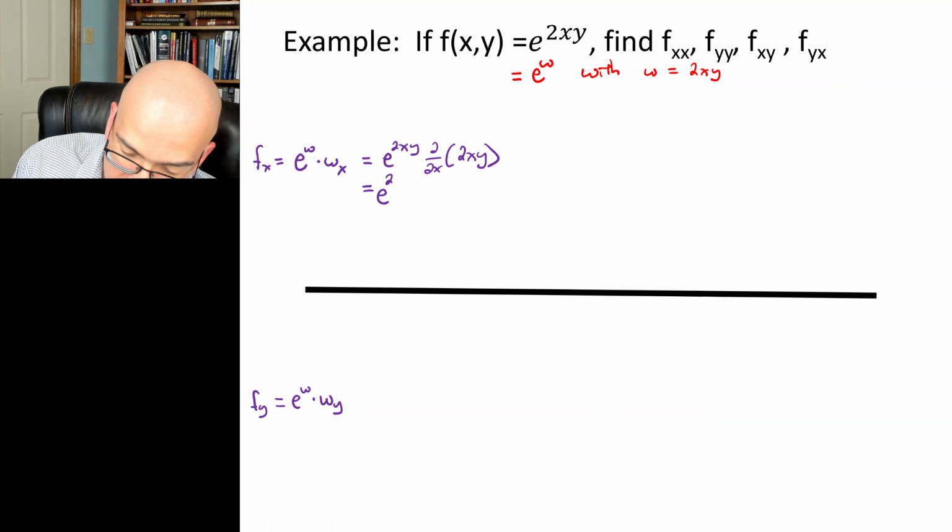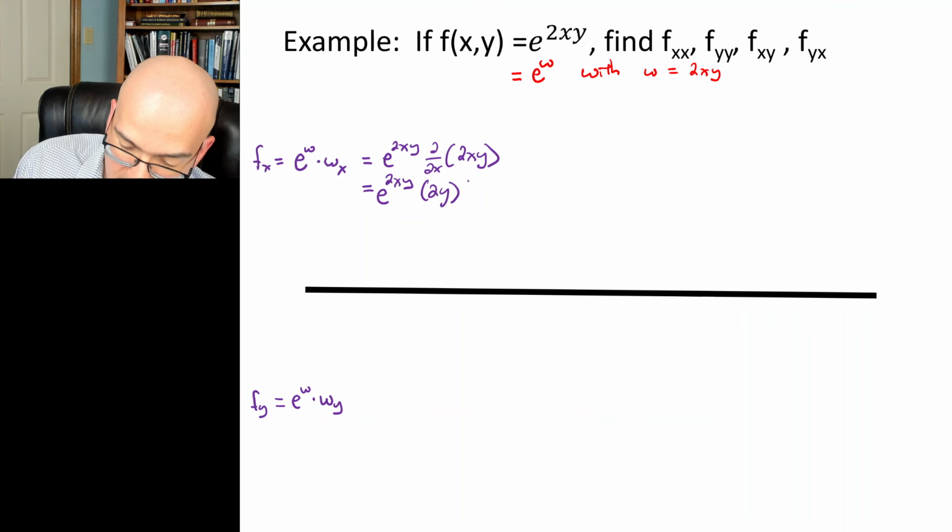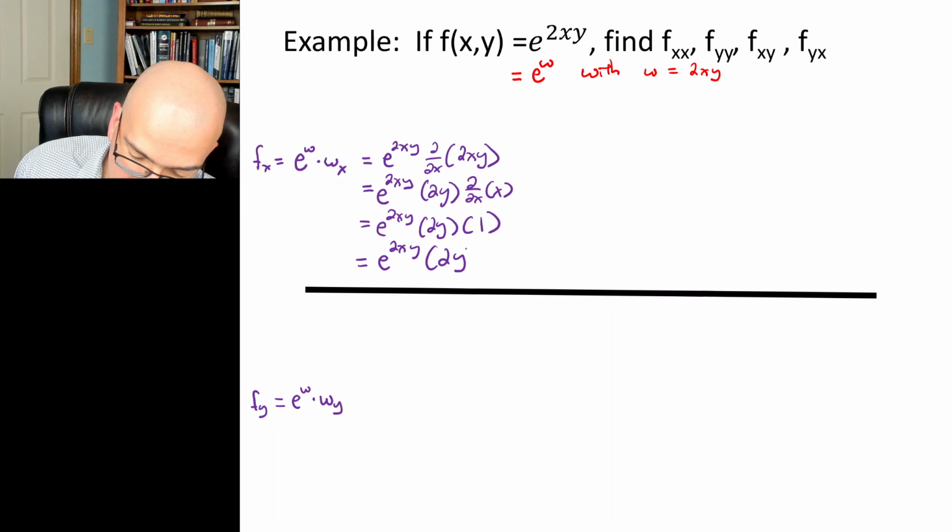We have e to the power of 2xy multiplied by, I'm going to take the 2y out front, and we have the x derivative of x, which is going to be e to the 2xy times 2y times 1, which is just e to the 2xy multiplied by 2y.